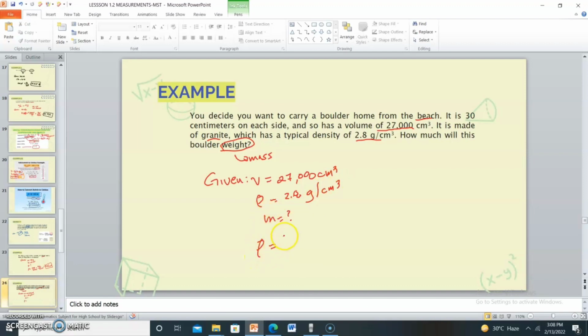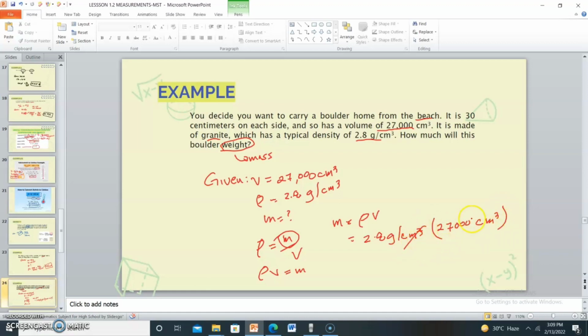Density equals mass over volume. Since mass is the unknown, the volume transfers to this side. So, density times volume equals mass. Mass equals density times volume. Density is 2.8 grams per centimeter cube times 27,000 centimeter cube.